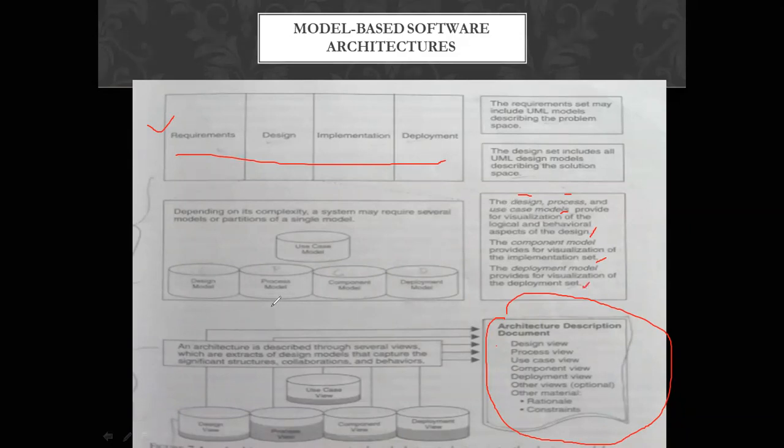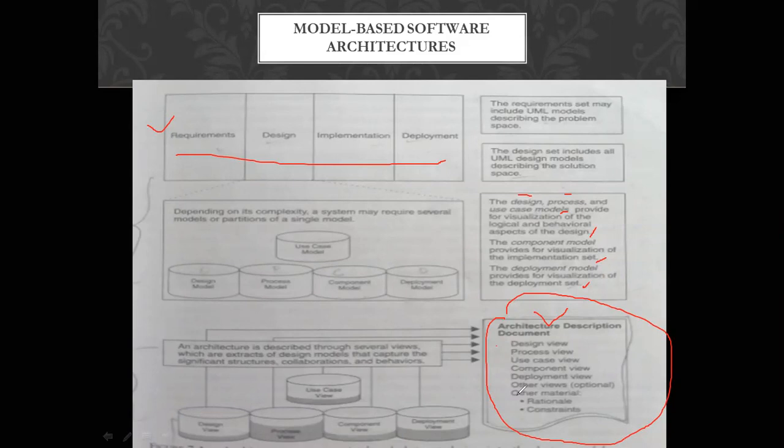If you have listened, if you have taken all the classes properly, and if you remember the life cycle phases that we have studied in previous topics, and what the different artifacts and different sets are, then you can relate these things very easily. It is very easy to understand. So this view is nothing but a subset of the model, which is about some specific or relevant perspective related to your architects.